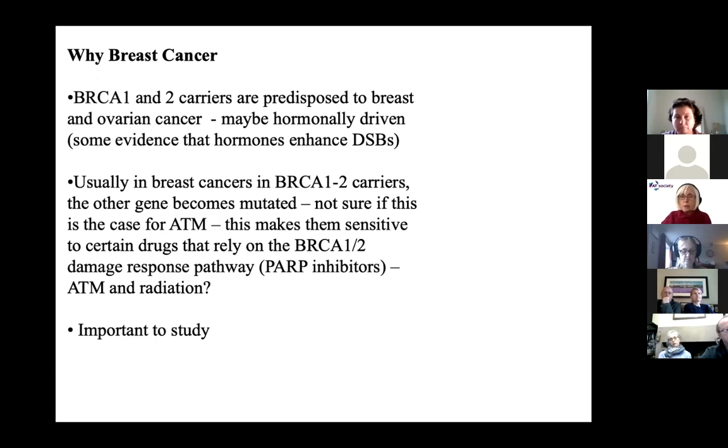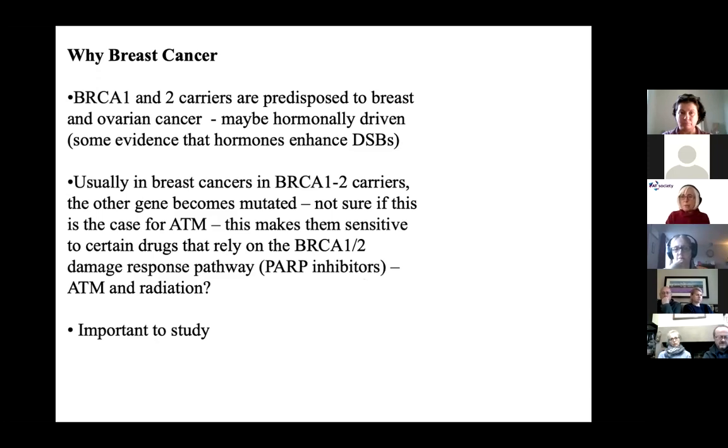And it's found that if you don't have BRCA1 or BRCA2, you lose a specific repair pathway. And there are drugs that make you more reliant on that repair pathway, and they're called PARP inhibitors. So your normal cells will have BRCA1 or BRCA2 because they're carriers, but the tumors don't.